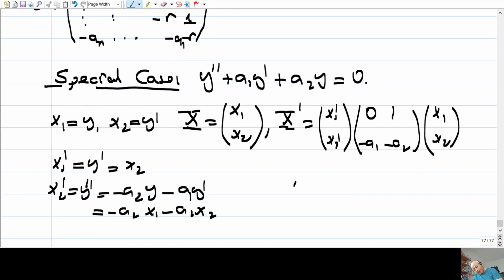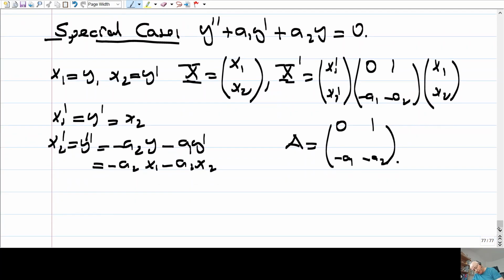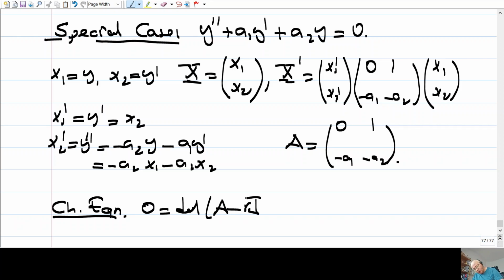So my matrix A is just 0, 1 minus a1 minus a2. What is the characteristic equation? It is just a determinant of a minus r times identity. So it is just minus r, 1, minus a1, minus a2 minus r.